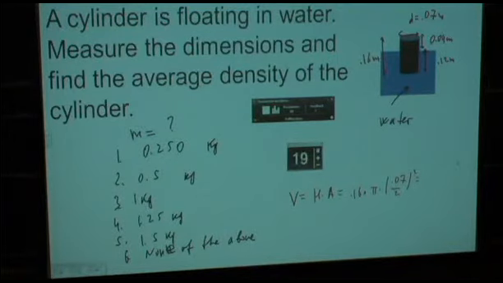0.16 times 3.14 times... can't see anything. 0.00002 cubic meters.